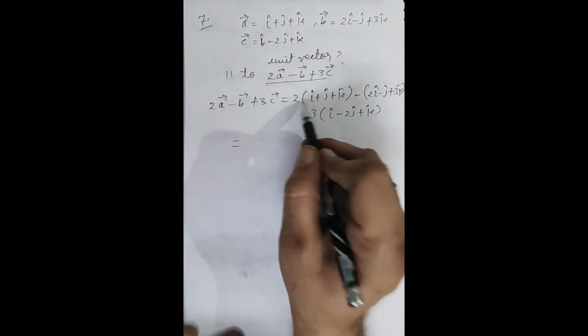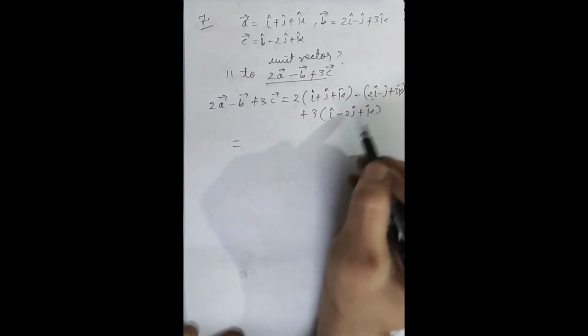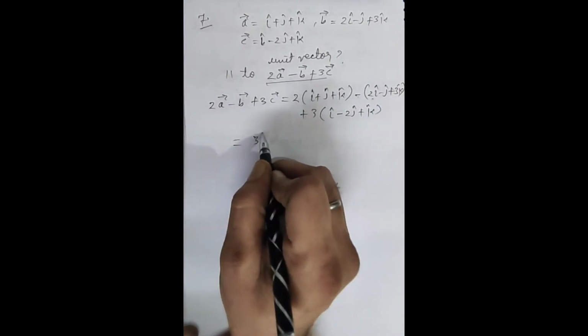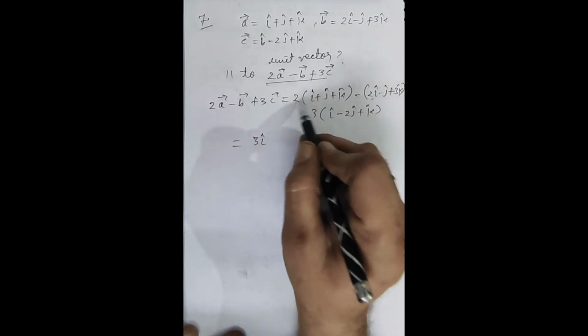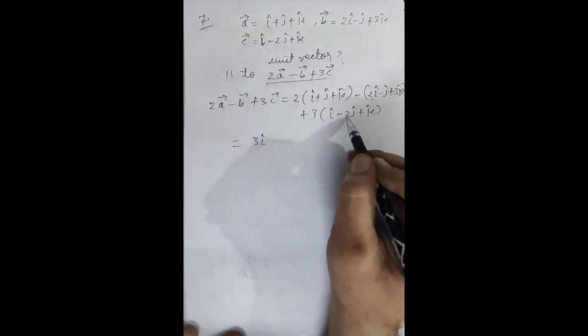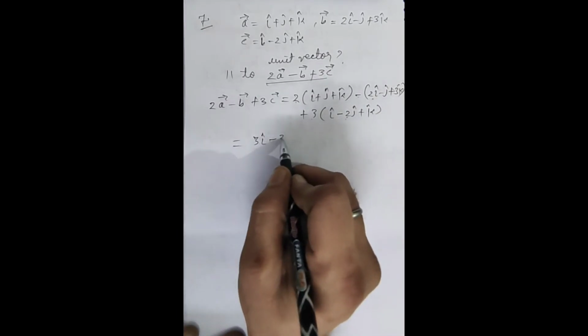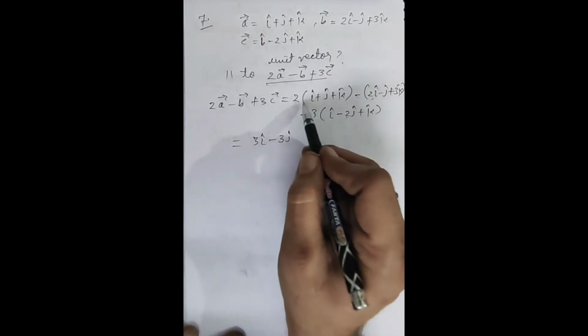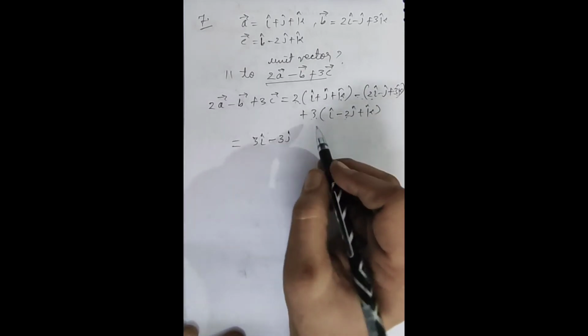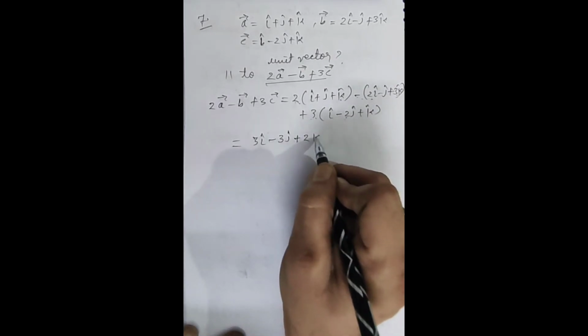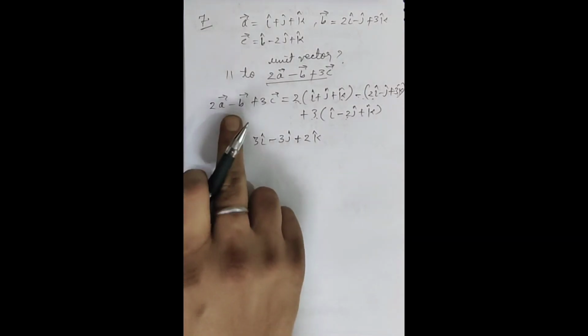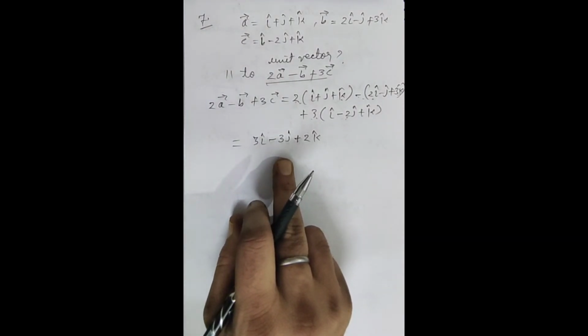Components of i: 2, here it is minus 2, so cancelled out, we are left with only 3i. Components of j: it is 2, we get 1 here, 2 plus 1, 3, and 3 twos are 6, 3 minus 6 gives us minus 3j. Then k: 2, it's minus 3, so 2 minus 3 is minus 1, 3 minus 1 makes it 2k.